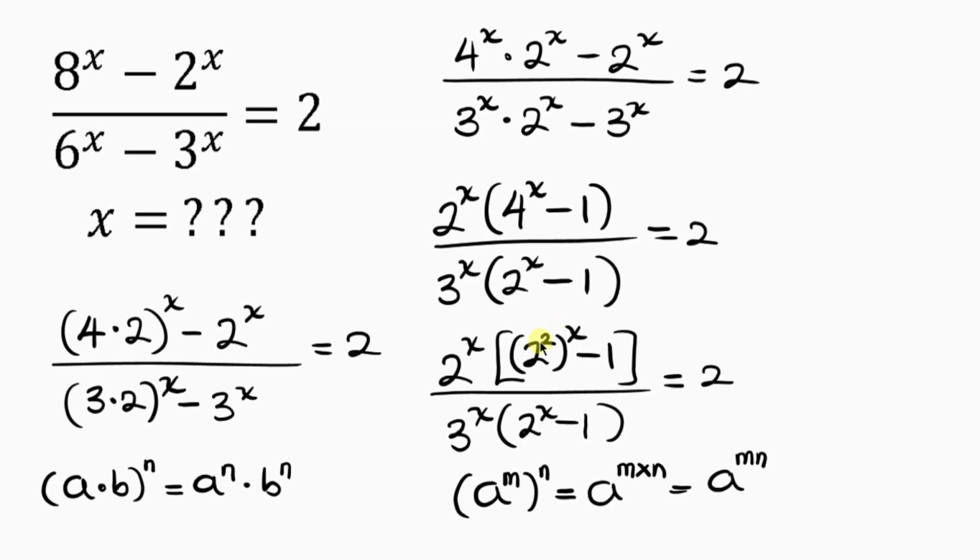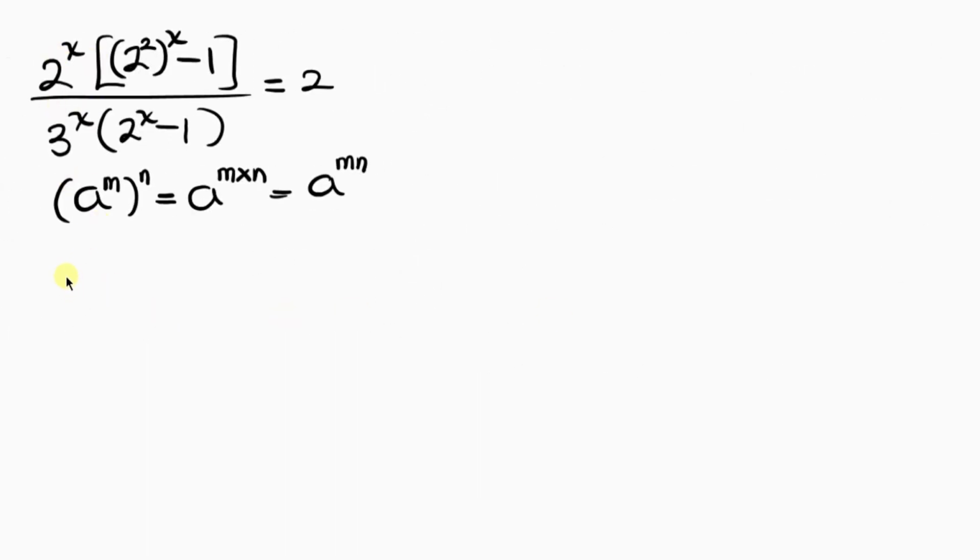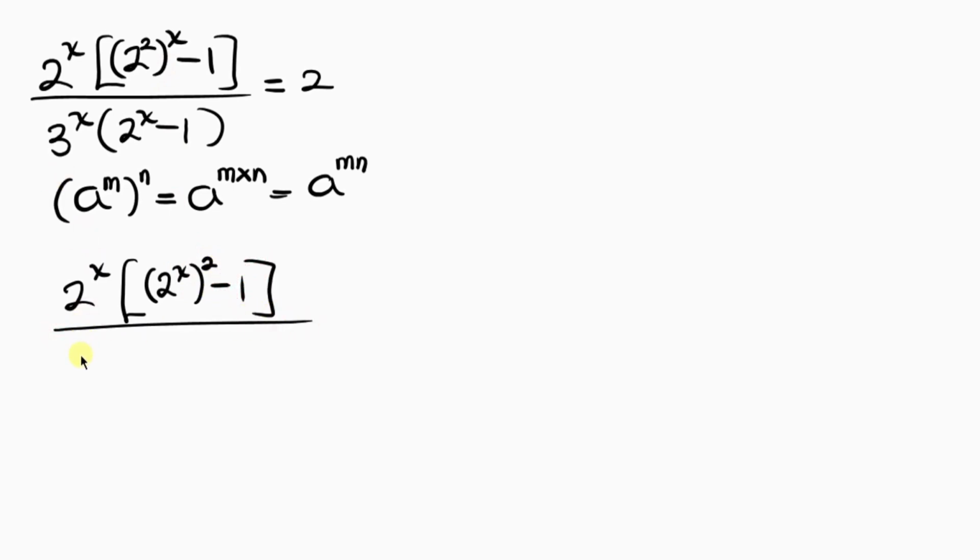Bring the x inside and take the 2 outside. So this becomes 2^x times, now switching the positions of the power, we have (2^x)^2 minus 1, close bracket, all over 3^x times (2^x − 1) equal to 2.